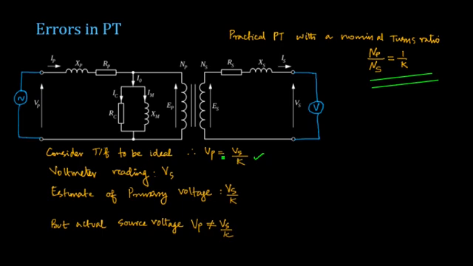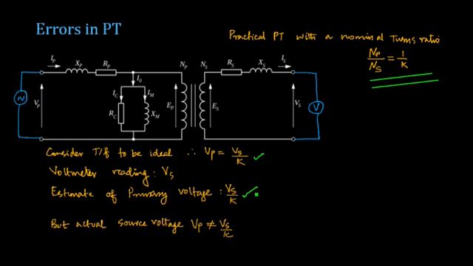So once you multiply with the ratio, you will get the primary voltage. Now the voltmeter reading is Vs. Vs is to be read by the voltmeter, so it reads Vs. It is a true value that is to be read. Now the estimate of primary voltage, assuming the ideal nature of the transformer, is Vs by K. So this is the estimate value that we have calculated.